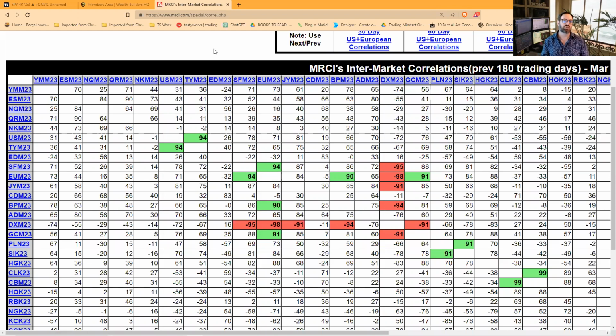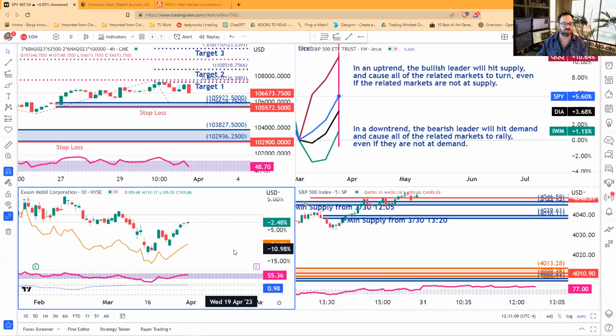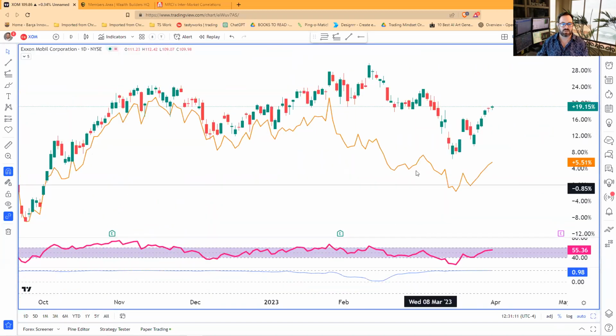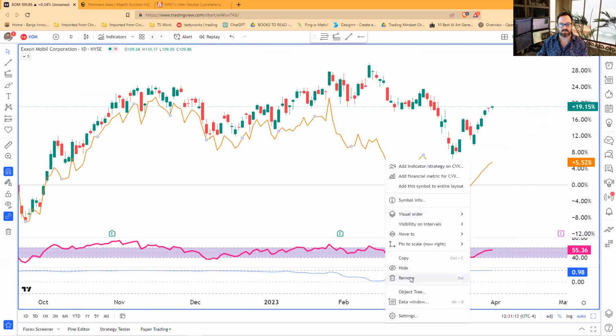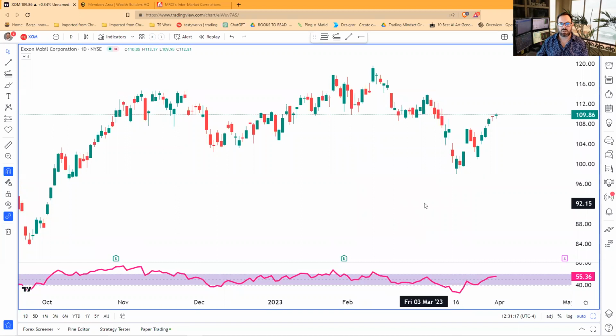We use what's called notional value. When we take a look at any security, you actually have two prices. For instance, ExxonMobil right now, my price is $109.86. That is the market price.